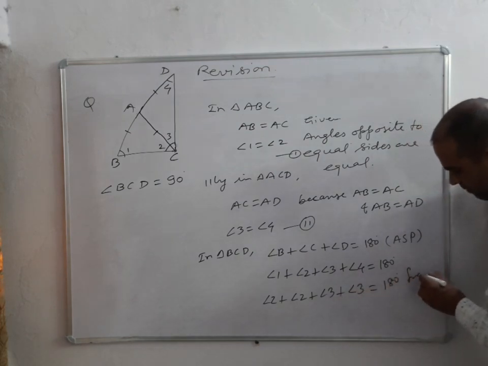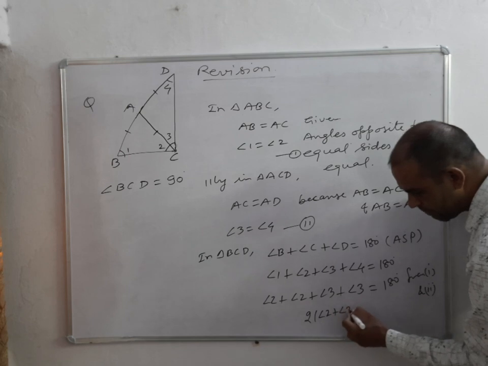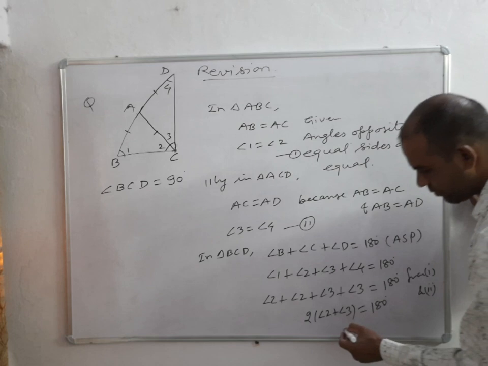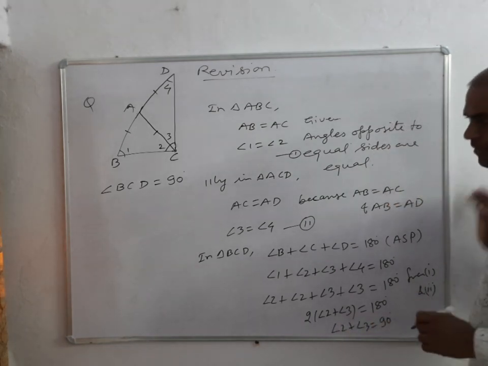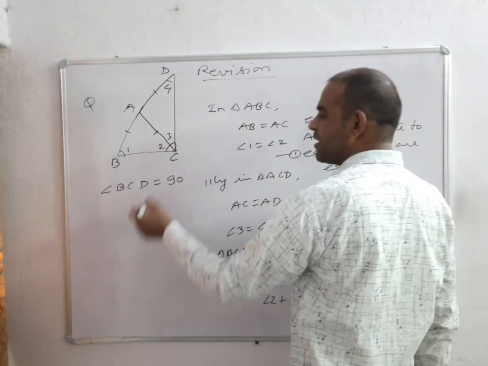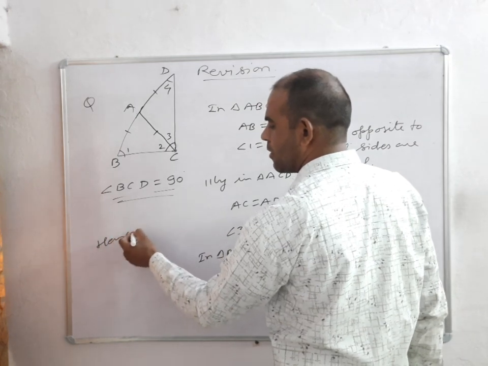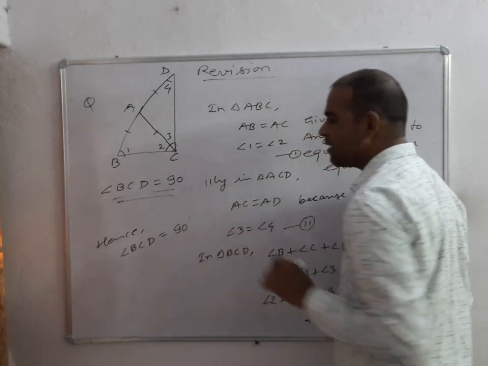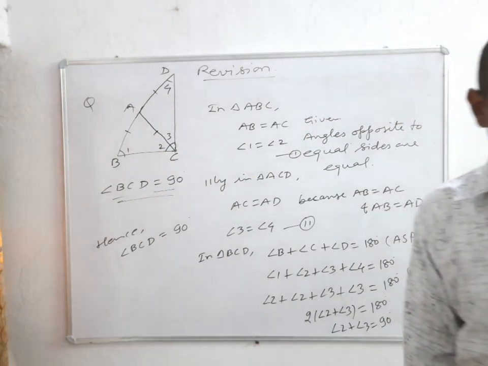From first and second. So twice of angle 2 plus 3 is 180. 2 से divide कर लो. तो angle 2 plus 3 is 90. And angle 2 plus 3 is the angle BCD. So hence angle BCD is 90 degrees. Then triangle BCD is a right angle triangle.